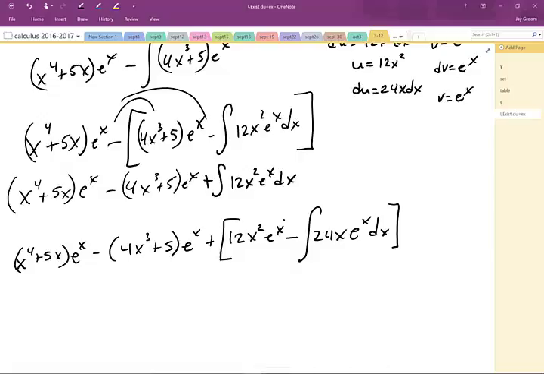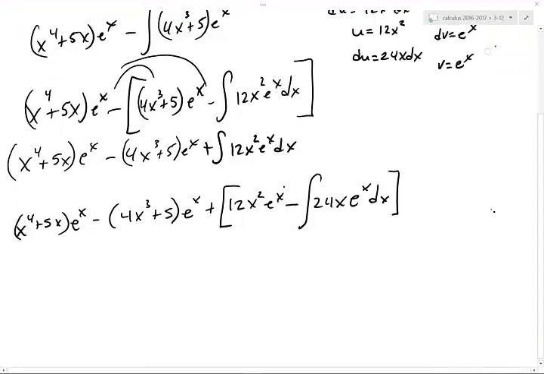Yeah, we're almost home, right? Fortunately, we're getting there. This is a 1 right here. So in this particular case, the parentheses can just be dropped. And u is 24x.